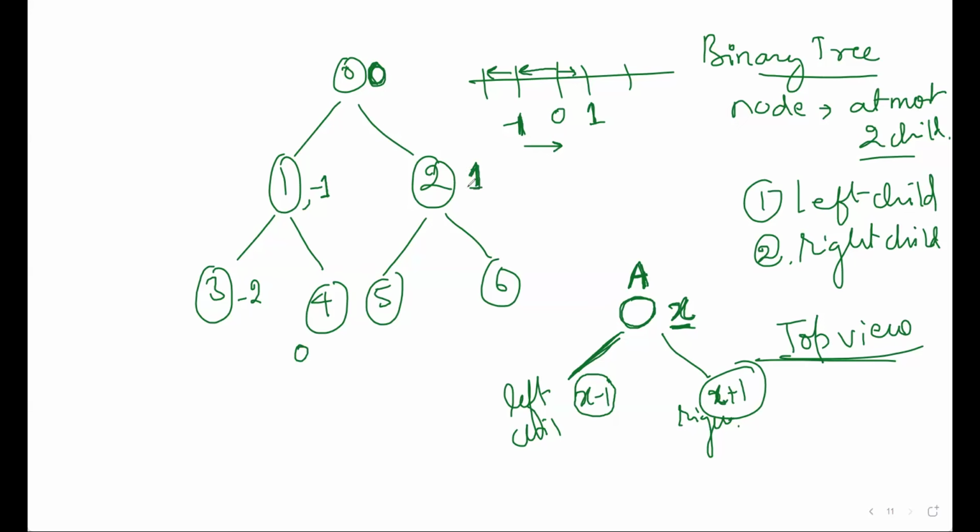Now for node 2, 5 is on left side, so you have to move 1 unit on left, which is 0 again. 6 is right child, so you have to move 1 unit right side. So it will be 2. So I have written all the corresponding horizontal distance for every node. Till now, anyone have any doubt?